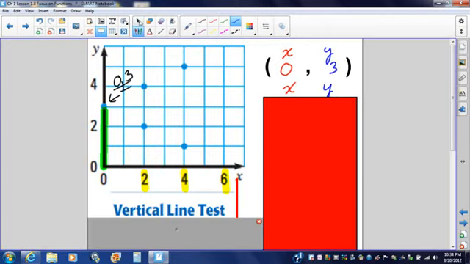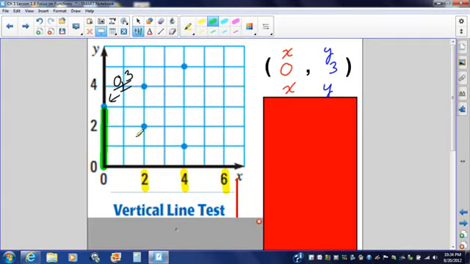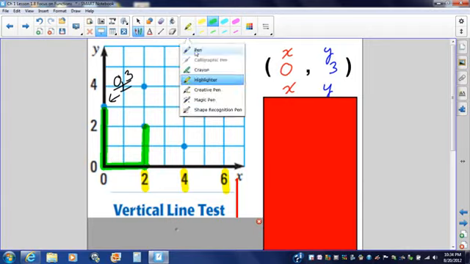If I continued to write down the ordered pairs, I would go 2 to the right and then up 2, so this would be 2, 2.